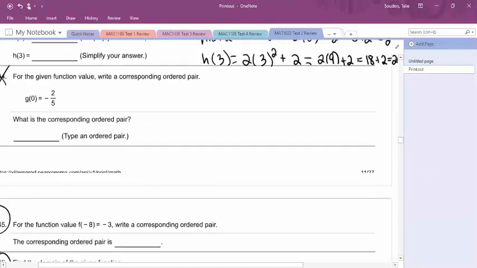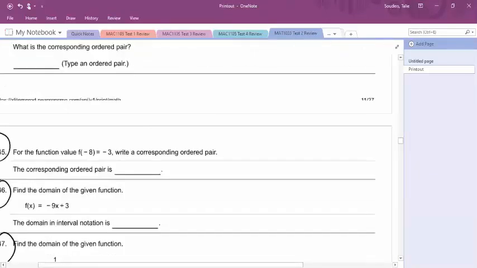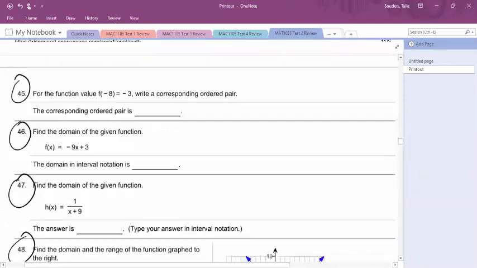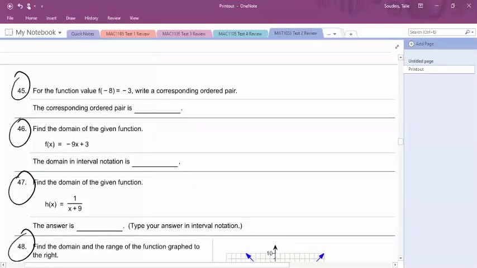Okay, so let's move on to the next concept. Number 45. For the function value f of -8 equals -3, write a corresponding ordered pair. So keep in mind that an ordered pair is x, y, right?